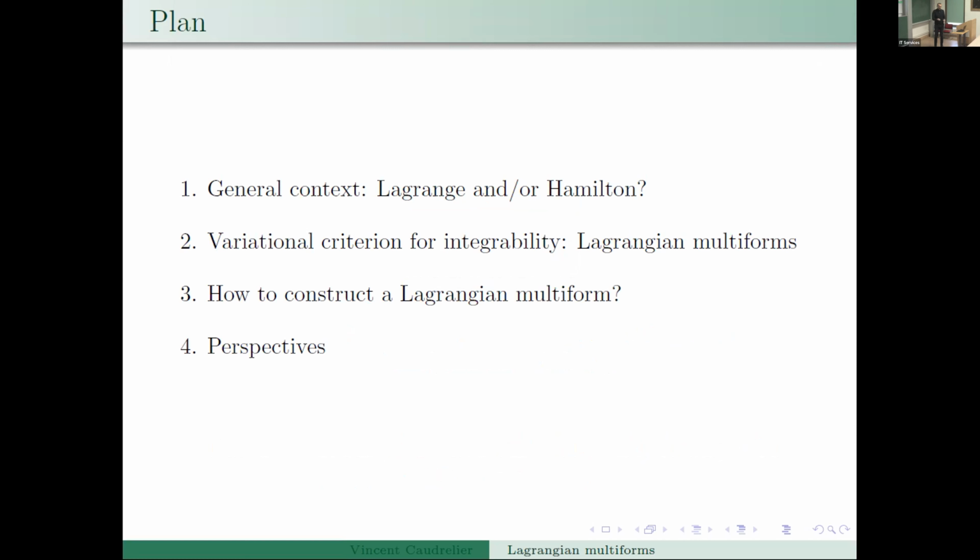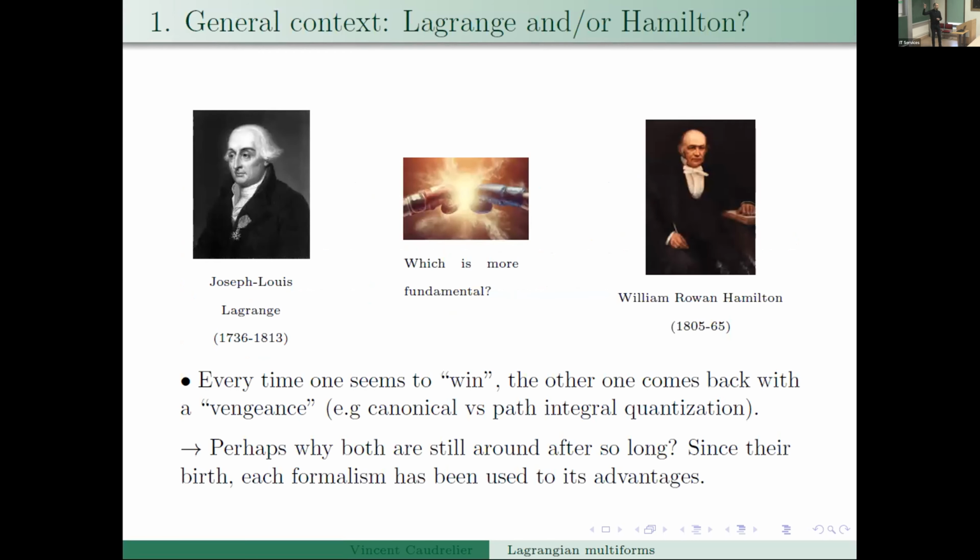And then put the hands in the problem, and how do you actually construct this thing called a Lagrangian multiform. Once I will have told you what that is about, I will give some perspective, hopefully, that circles back to one of the themes of this workshop, which is generalized hydrodynamics. So here are my 3 amazing pictures.